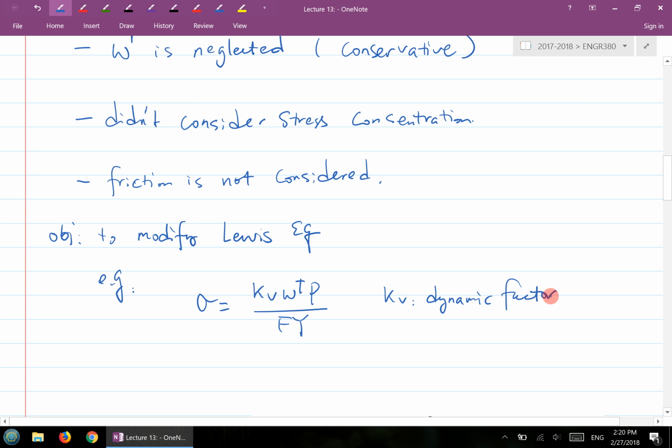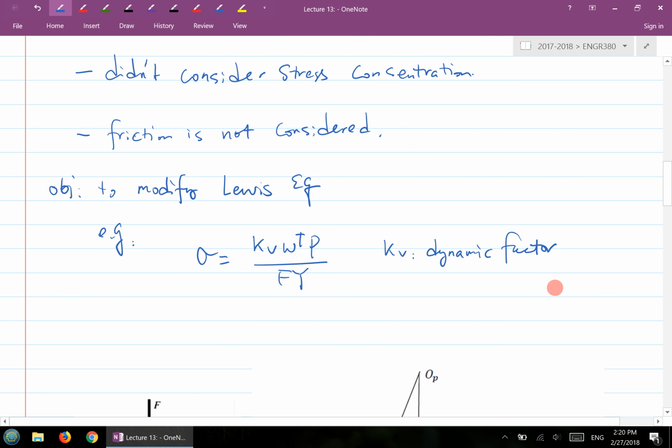Kv here is called the dynamic factor. We'll look at the detailed dynamic factor pretty quickly. Basically, it's a factor that takes velocity into consideration. If you have two gears meshed with each other, then you have the so-called pitch line velocity, right?